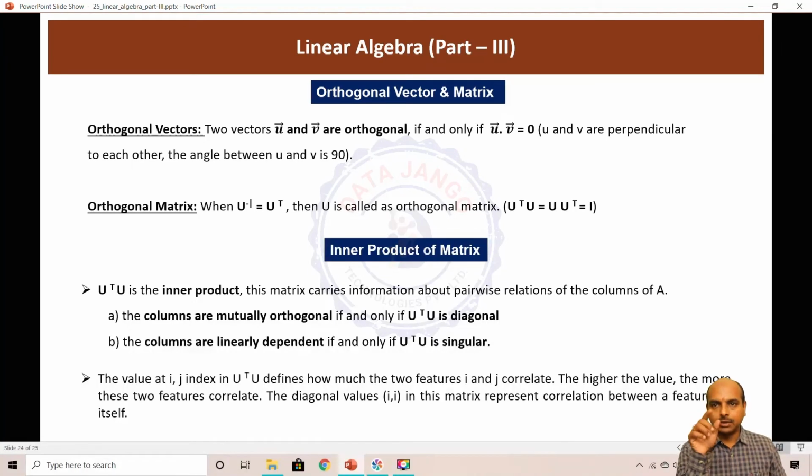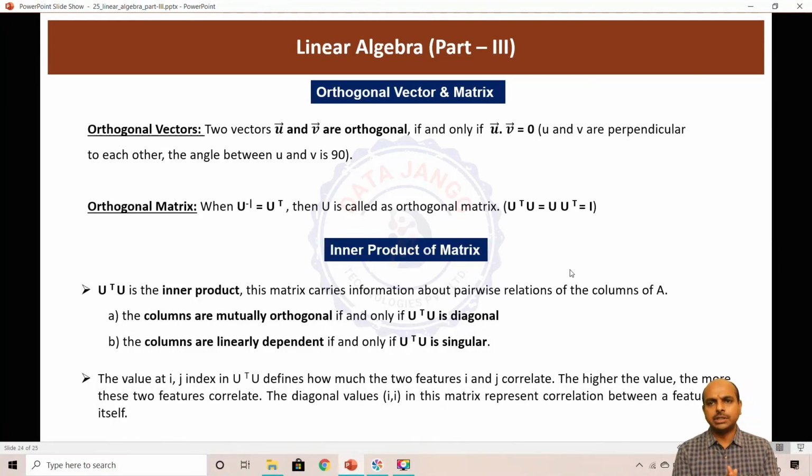So the higher the value, the higher the correlation. The diagonal gives you the correlation between the feature and itself. It is going to be high, right?